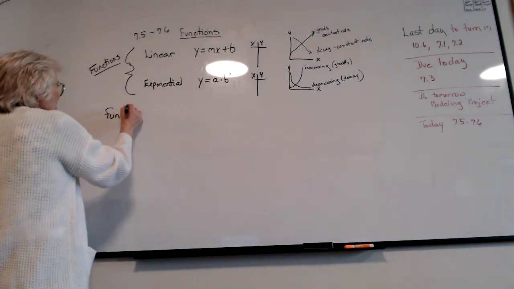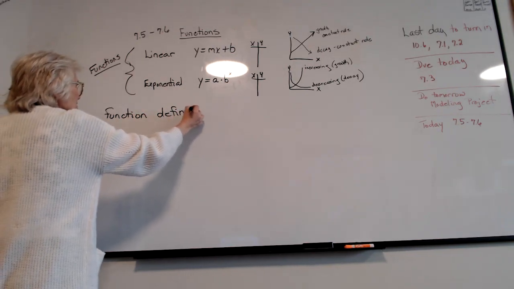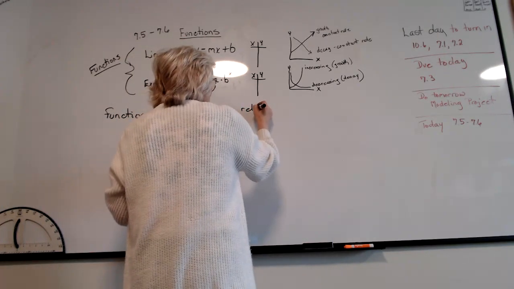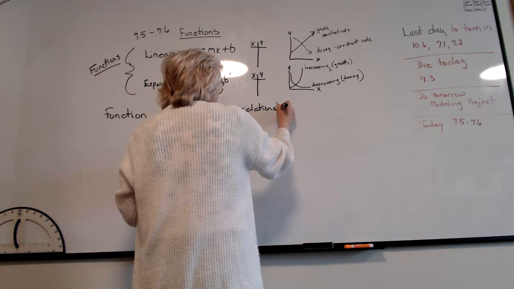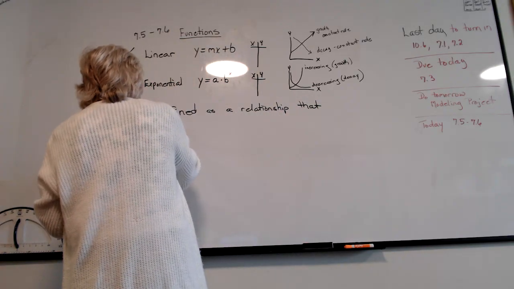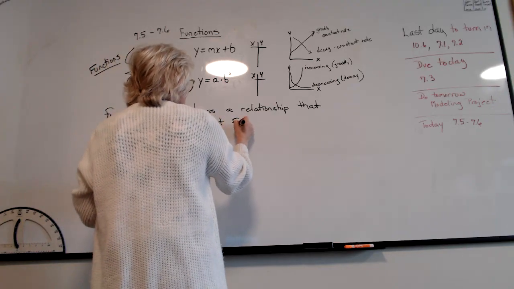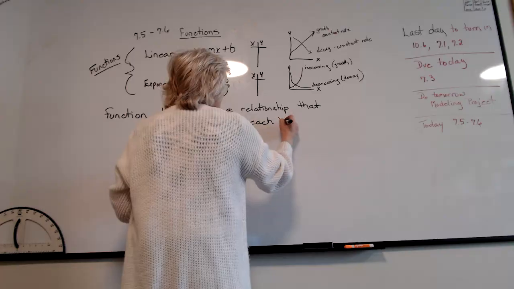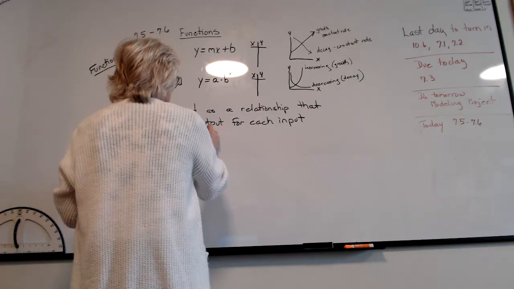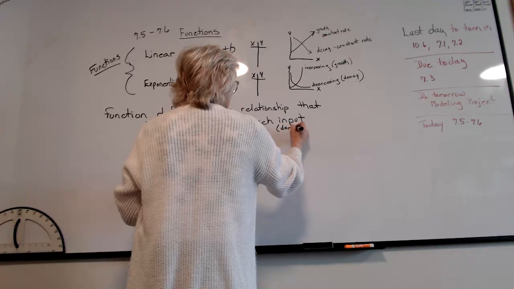A function is defined as a relationship that has only one output for each input. Okay. The output is called your range. Your input is called the domain.